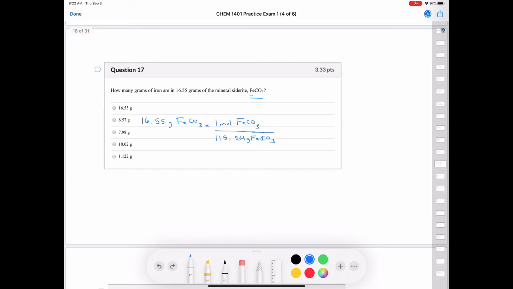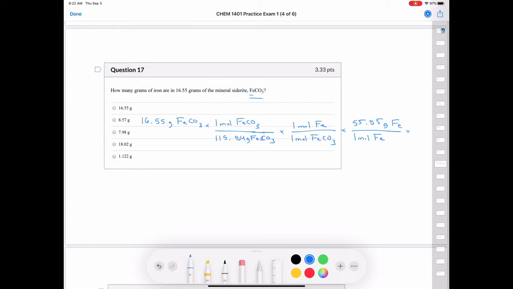So I've got that. And then I know that in 1 mole of FeCO3, I've got 1 mole of iron. And then I also know the mass of iron in 1 mole, and I get that from the periodic table. I know that in 1 mole of iron, I have 55.85 grams of iron.